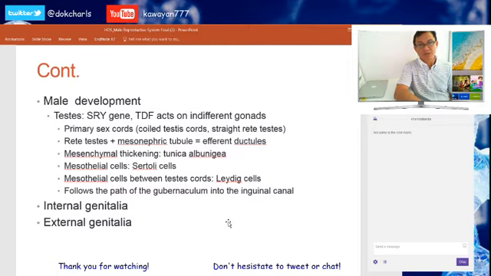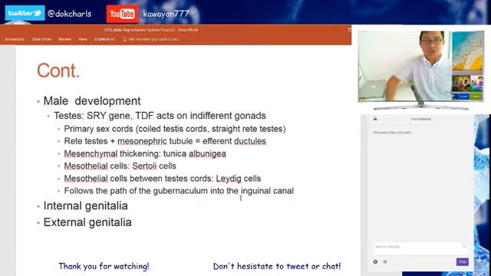You have your coiled testis cords, you have your straight rete testis, and then the rete testis plus the mesonephric tubule will become your efferent ductules, while the mesenchymal thickening will be your tunica albuginea. Then you have mesothelial cells, Sertoli cells, and the mesothelial cells between your testis cords will develop into Leydig cells. They follow the path of the gubernaculum into the inguinal canal.